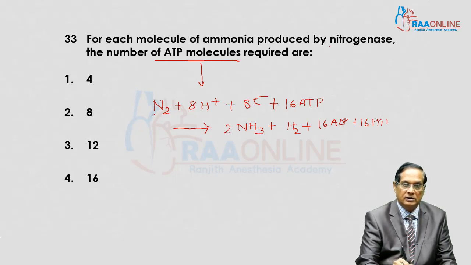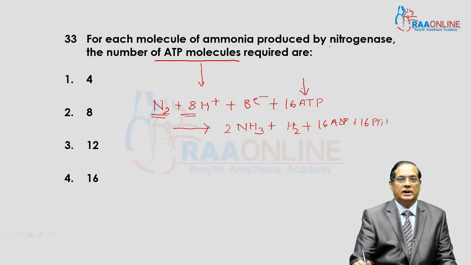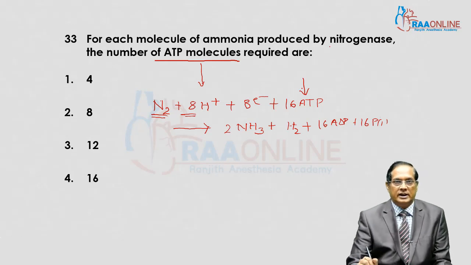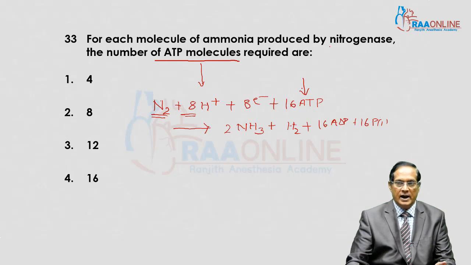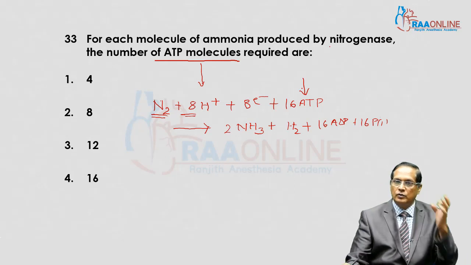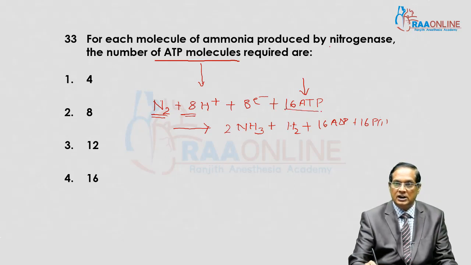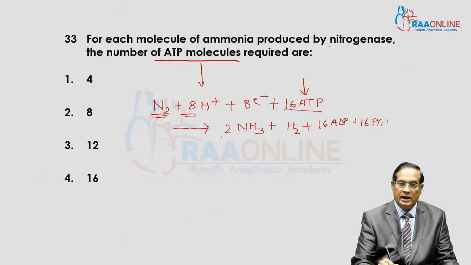So see here, nitrogen reduction is an active process, which means energy is required. For 2 nitrogen, 16 ATP are required and 2 ammonia molecules are formed.